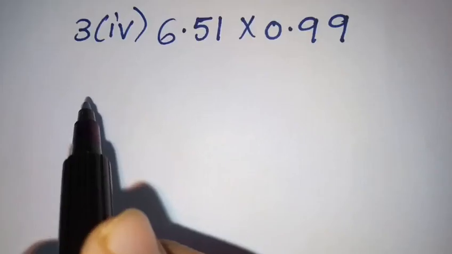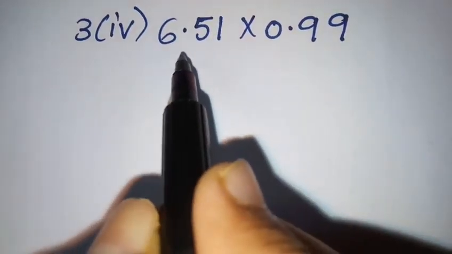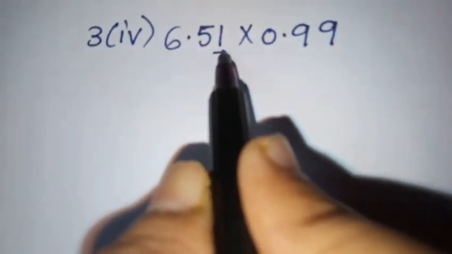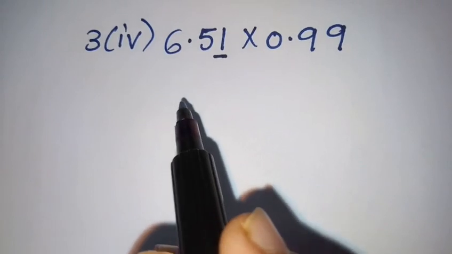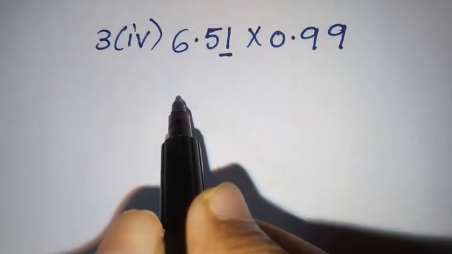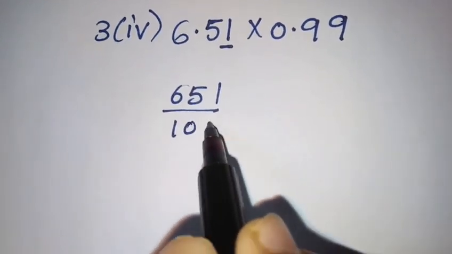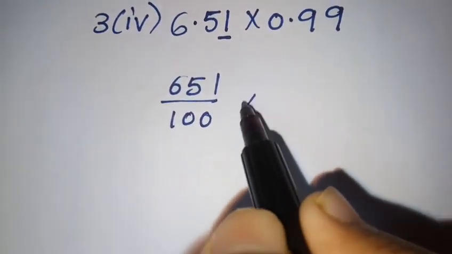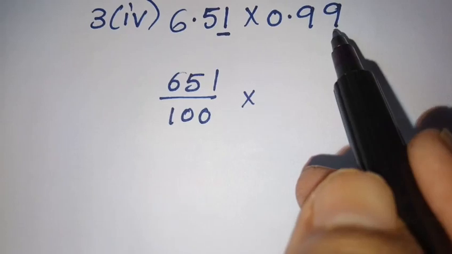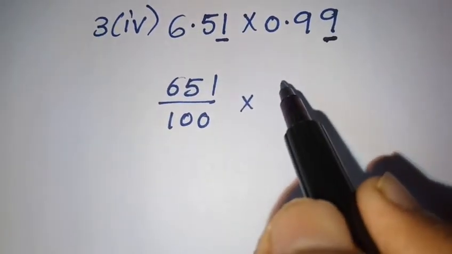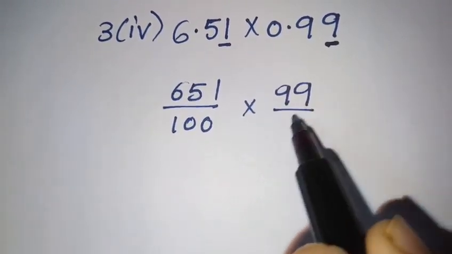1.1889. Next problem, third Roman, fourth one, 6.51 into 0.99. In 6.51 the place value of 1 is hundredth, meaning 1 by 100. So remove the decimal: 651 by 100. Why? Because the place value of 1 is hundredth, into, in 0.99 the last digit is 9, the place value of 9 is hundredth only. So remove the decimal: 99 by 100.